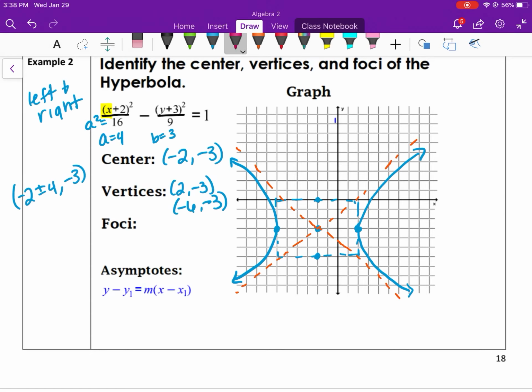Okay, to find the focus points, do a squared plus b squared equals c squared. So this one would be 16 plus 9 equals c squared. So c squared is 25, so c equals 5. So to the right, 5, and then to the left, 5.